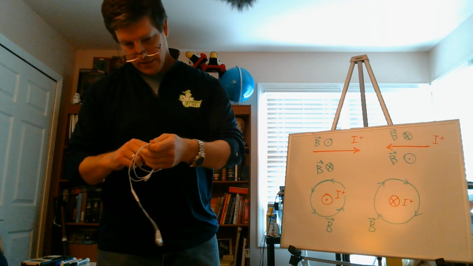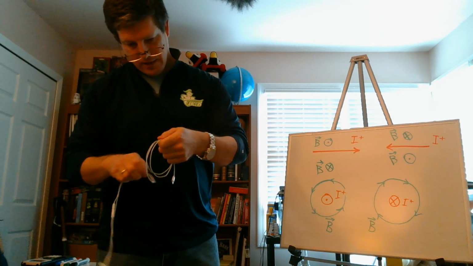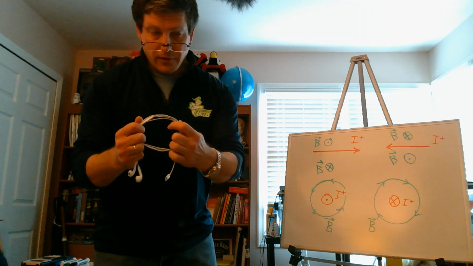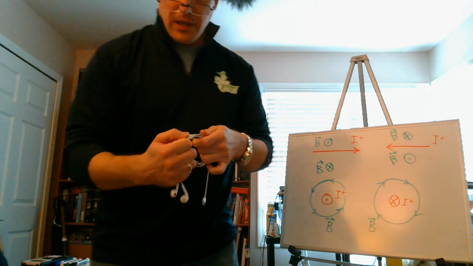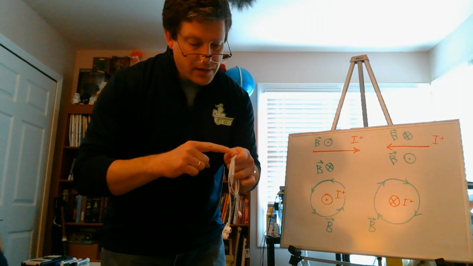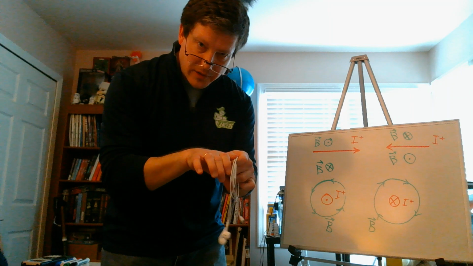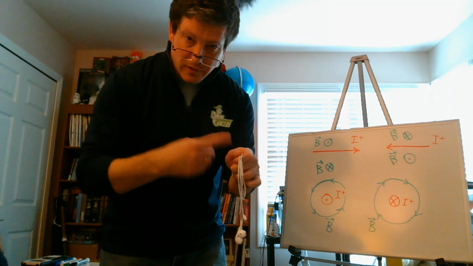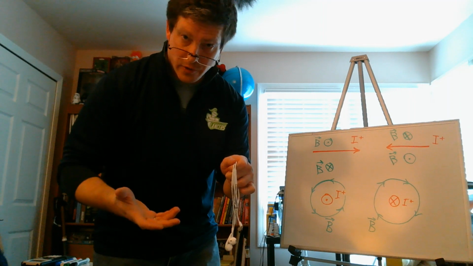Okay, and if you do that, then if you only have a few loops, you get something that looks like this. But if you think about doing this many hundreds of times, you keep looping and looping, what you basically get is a long cylindrical set of loops of wire, and that's what's called a solenoid coil.